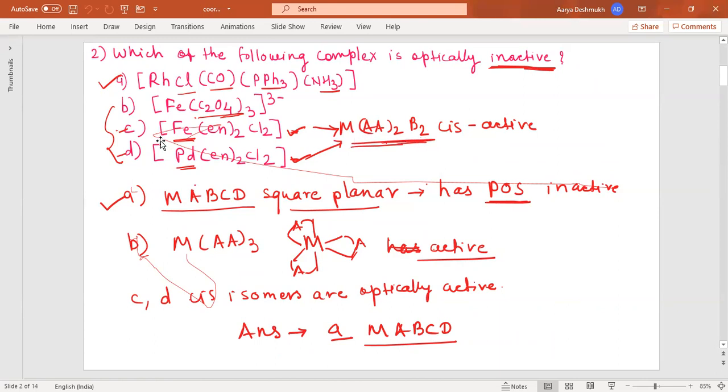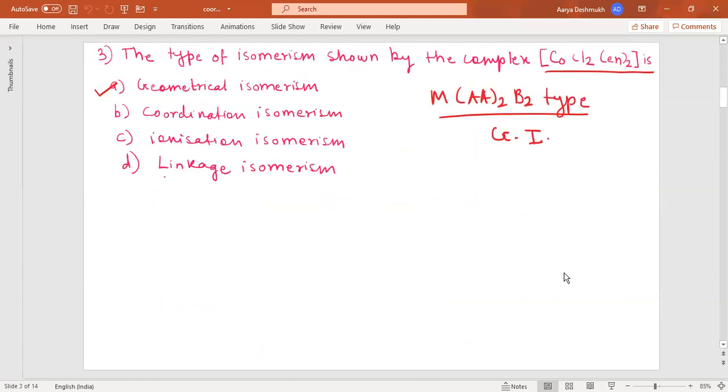So C and D are optically active. B is also optically active. So we are left with only A, and it will be the optically inactive complex. Okay. So we just go the way of ruling out the incorrect options.